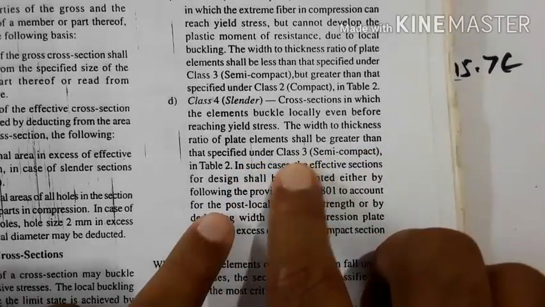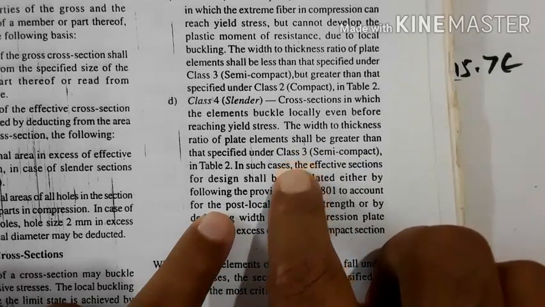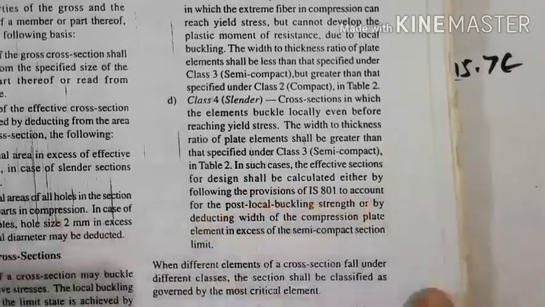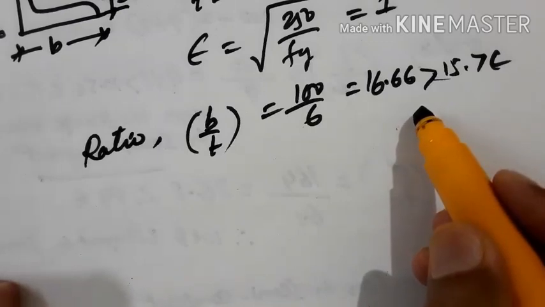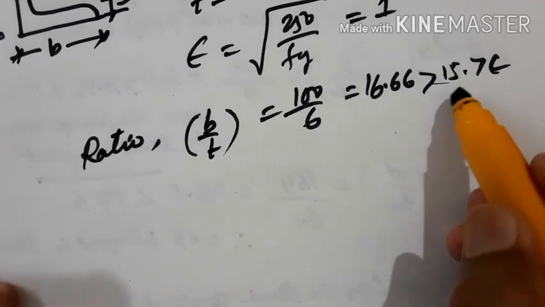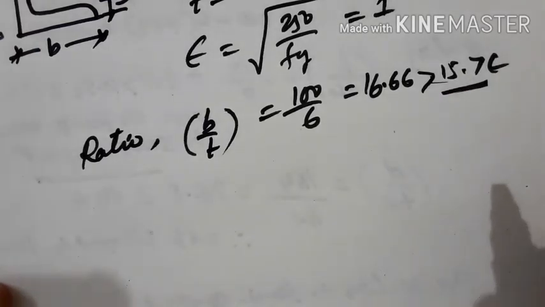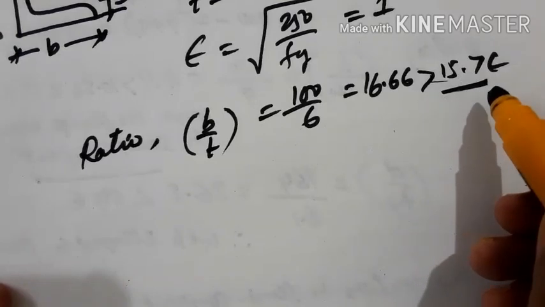If the element ratios come more than those specified in class 3, then the effective section for design shall be calculated by following the provisions. So here this section is greater than the limits given in table number 2, that is 16.66 is greater than 15.7.